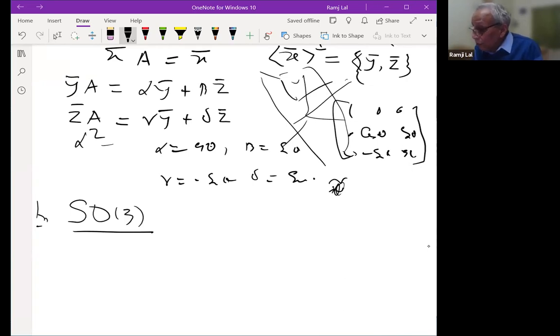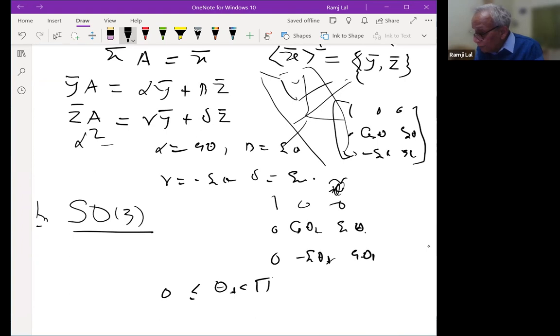So the conjugacy class you can describe like this: 1 0 0 here, and you can take cos theta 1, sine theta 1, minus sine theta 1, cos theta 1 here, and theta lies between 0 and pi, right?